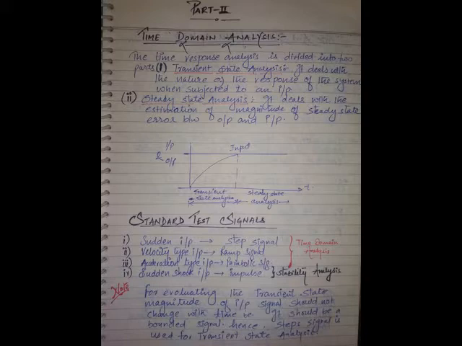Sudden shocks is mathematically represented as impulse. So these are the standard test signals. Among them, the first three we generally use in time domain analysis, and this signal we generally use in analysis of stability.